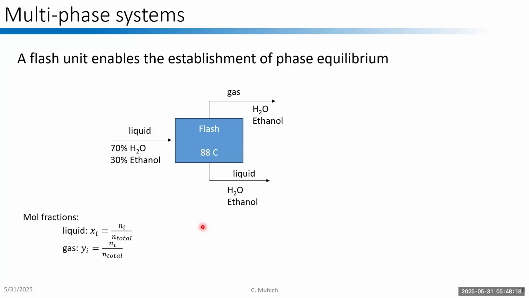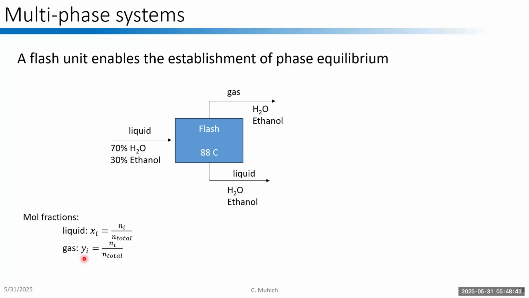I want to make a brief note of common notation in chemical engineering. When we're talking about mole fractions, we want to think about mole fractions in the gas phase and the liquid phase. As a reminder, a mole fraction would be the number of moles of species i over the total number of moles in a stream.